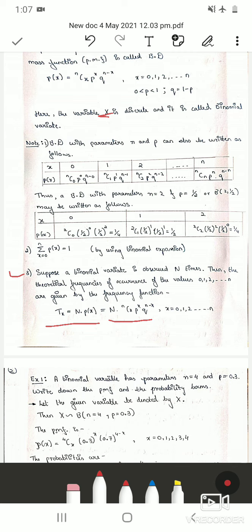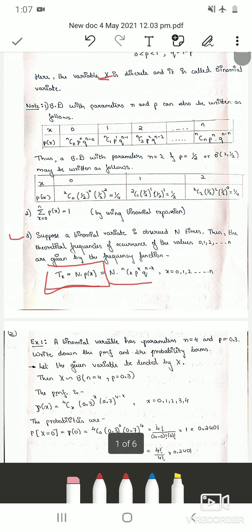Here, we know P of x is nothing but the PMF of binomial distribution. Just write it, nCx p raised to x into q raised to n minus x. Then you will get the theoretical frequencies of occurrence. You just remember this, we will be using it in solving the problems.